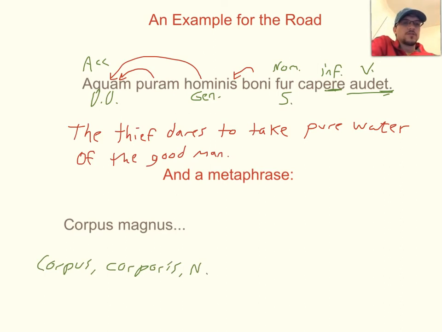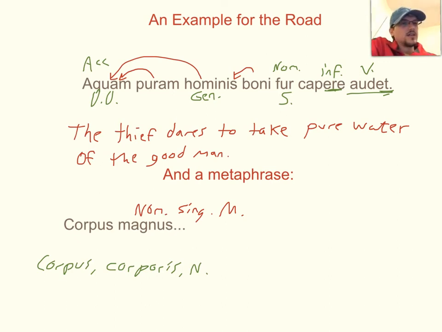We notice that corpus corporis is neuter, and thus when we see magnus with a us ending, and we say, well, magnus is nominative, singular, masculine, we know that it can't agree with corpus, even though it has that same ending. So this is going to be a false friend because it does not agree with corpus.